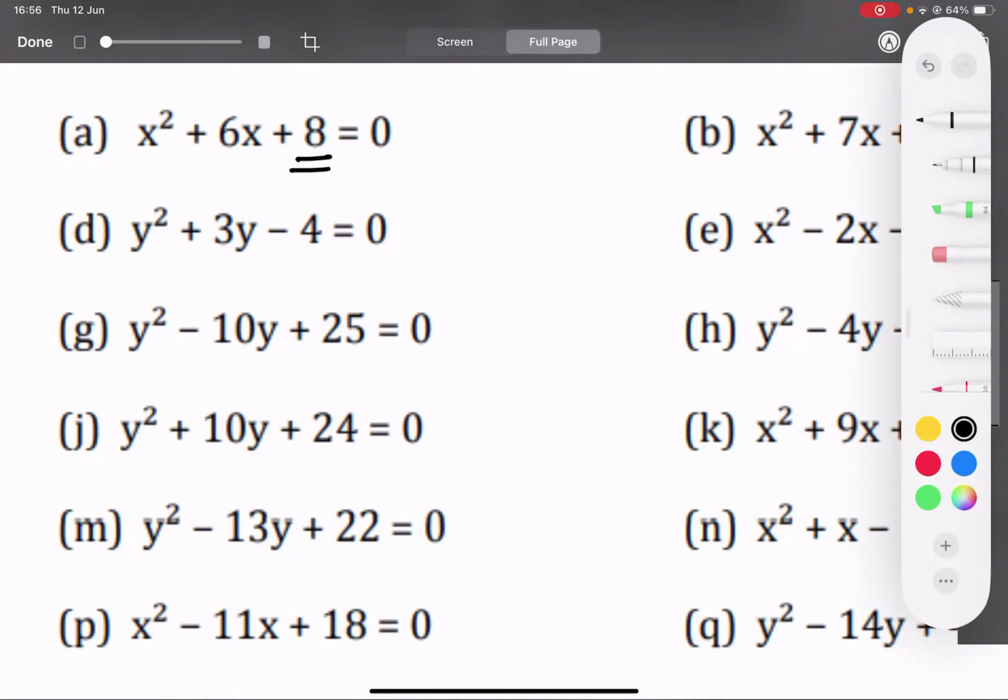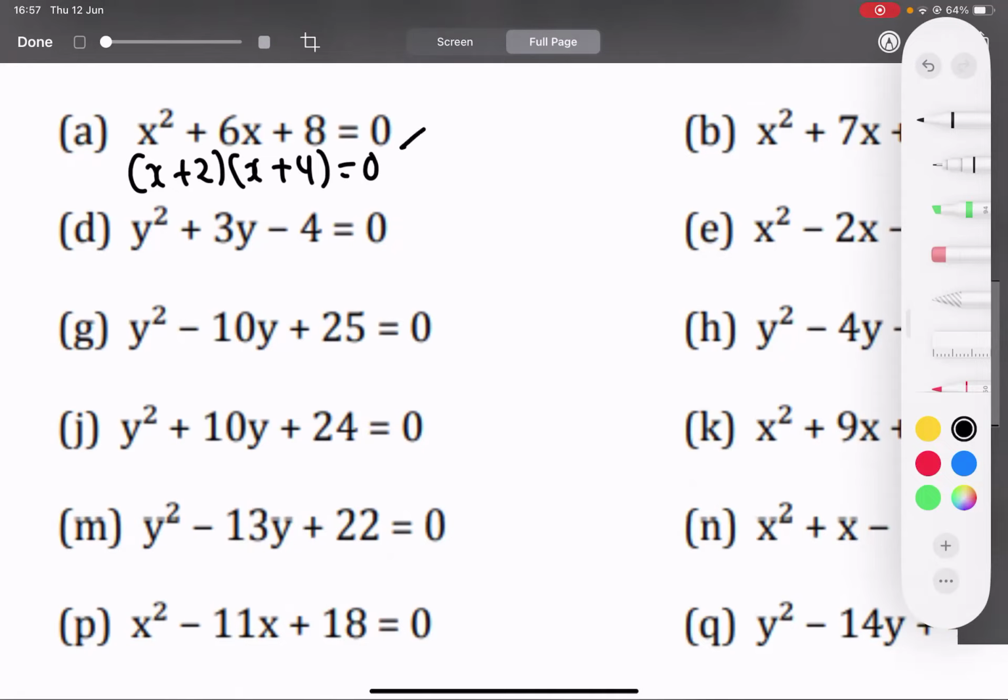The answer is, in this form, x plus 2, x plus 4. We factorized it now. If it asks you to solve, you just write x equals minus 2 and x equals minus 4, because for it to be 0, you'd have to get the opposite number.